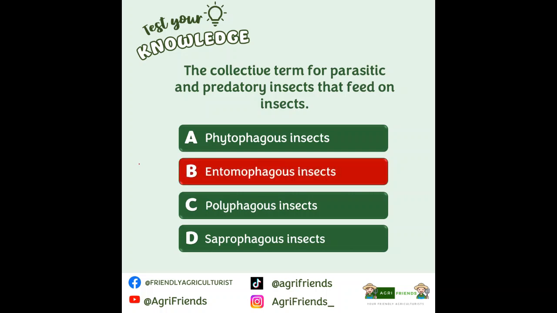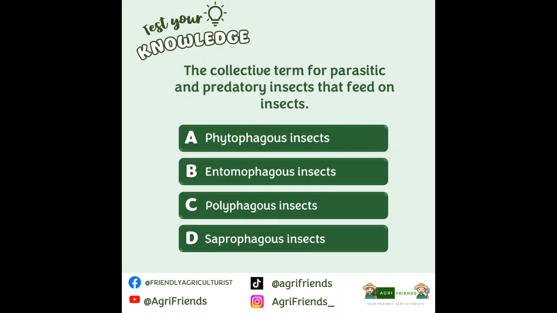So entomo meaning insects, phagus meaning eating or to eat or feed on. So entomophagous insects are those insects that feed on insects. Phyto meaning plant. So these are insects that feed on plants. So poly means many. So these are insects that feed on many hosts.